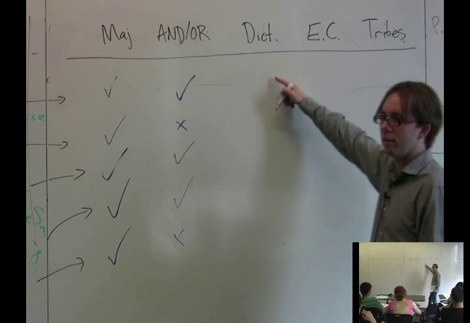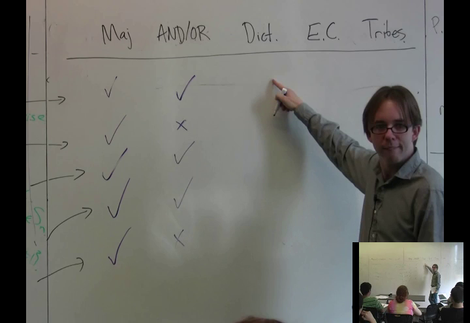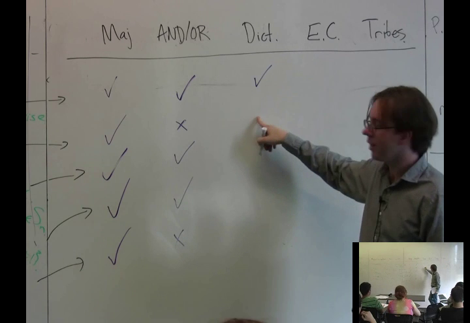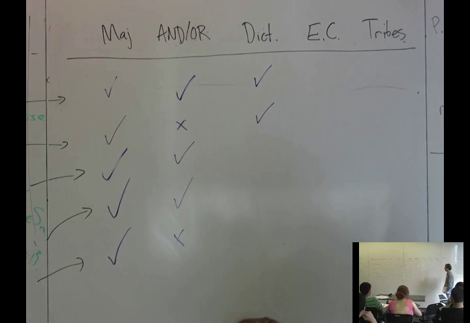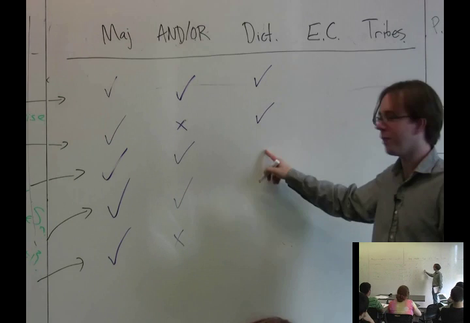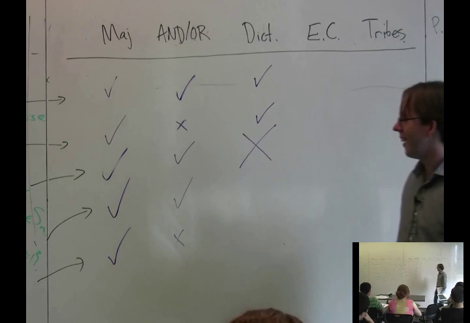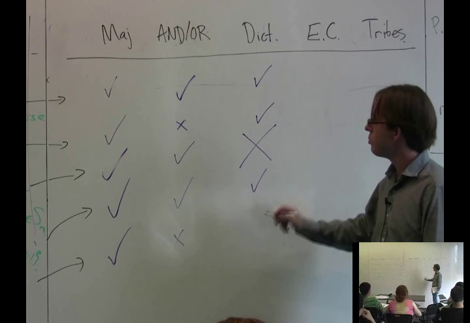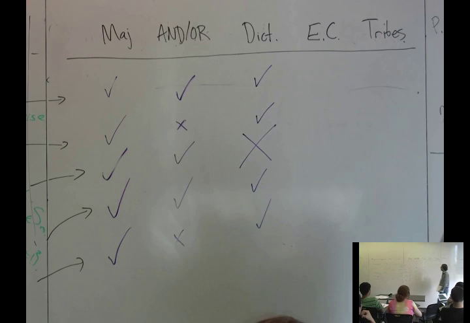Dictator? Monotone? Yep. Odd? Yep. If the dictator reverses the vote, the outcome reverses. Symmetric? Okay, that's a big no. Unanimous? Yep. And unbiased? Well, yes, it's odd.